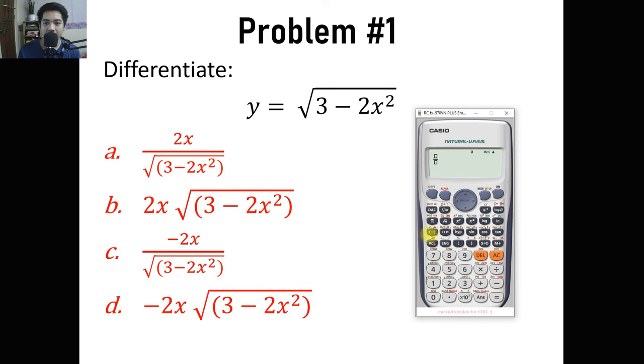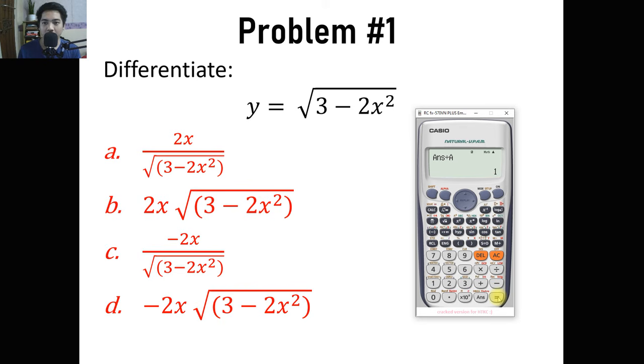Let's try letter C. We have negative 2 alpha x all over the square root of 3 minus 2 alpha x squared. Calculate using the same value of 0.1, and this is the answer. Just click answer to compare it with the variable A, divide this by alpha A, and voila, we got the answer, which is 1, equal to the derivative that we calculated a while ago.